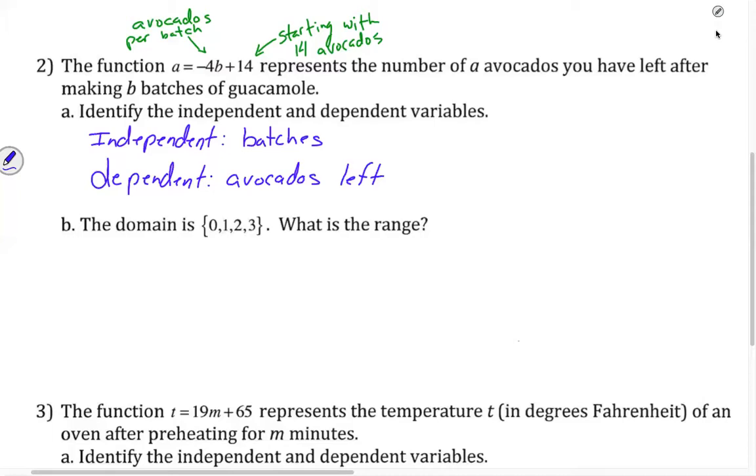Now, the domain is 0, 1, 2, 3. Tyler, why is my domain 0, 1, 2, 3? Why isn't it 4? What's that? Okay. Well, let's think about it. If I have 14 avocados, how many batches of guac can I make, if each one takes 4, right? 3.